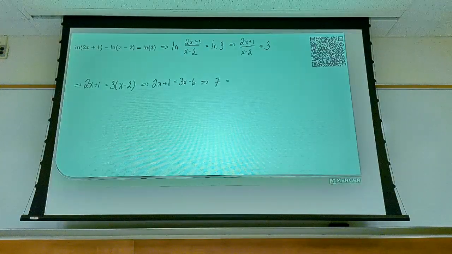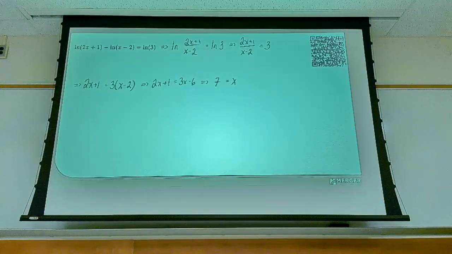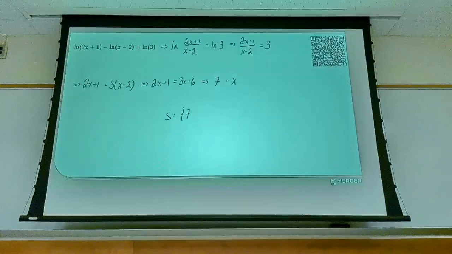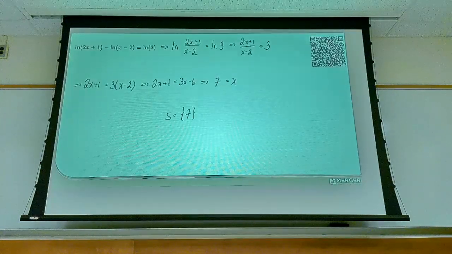Add 6 to both sides, subtract 2x from both sides. x equals 7. Now just check. 2 times 7 plus 1, that's positive. No problem there. 7 minus 2, that's positive. No problem there. Seven is indeed a solution.